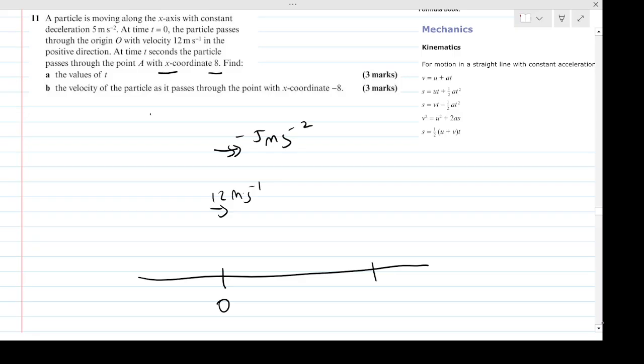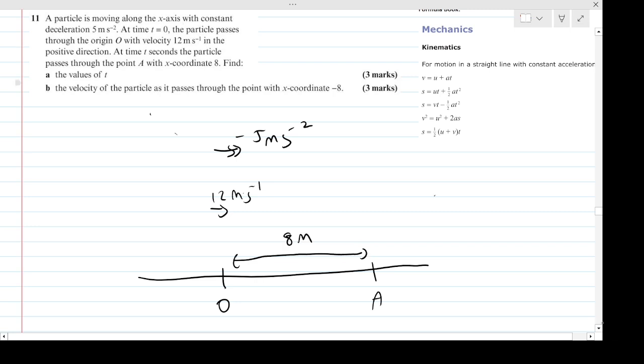Now, if the x coordinate is 8, think about an actual x-axis. The origin is 0, right? And at A is 8. So actually we can infer from that the distance between the 2 points is literally 8 meters, okay?